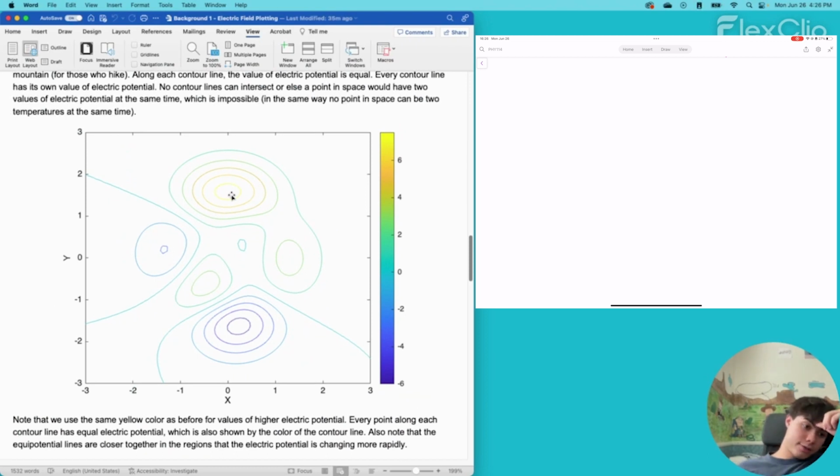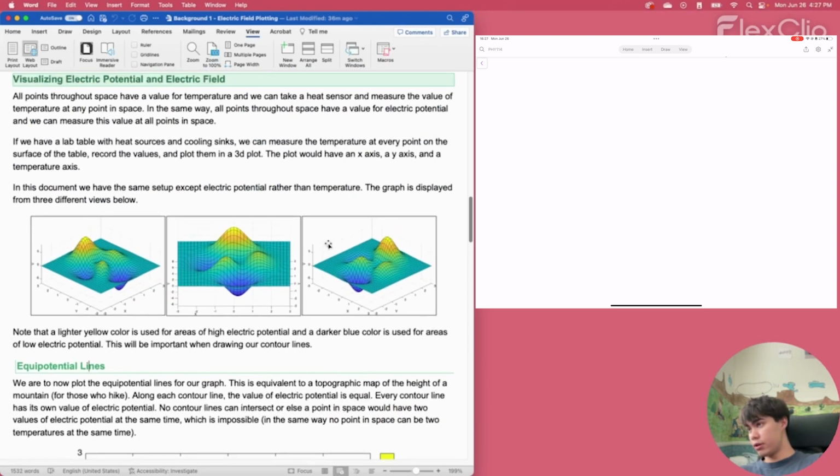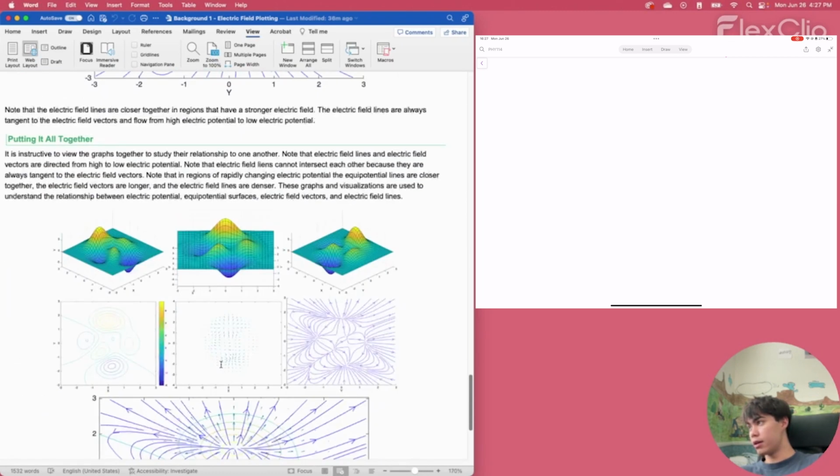If we wanted to draw the electric field, we know that it points from high electric potential to low electric potential. So it would point from this yellow down the slope, and then it would point from this tip top down the slope. The electric field lines would point from this peak down the slope, and this peak down the slope, this peak down the slope, and they would end down here at this pit.